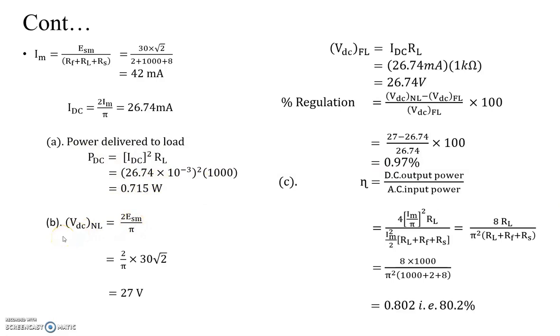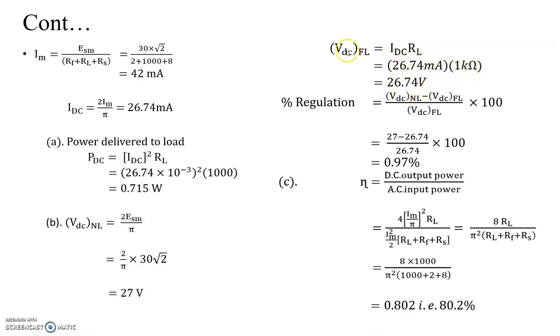Next, we will calculate part B. VDC no load is nothing but 2 ESM by pi. Substitute the ESM value and find out VDC no load, which is equal to 27 volt. Similarly, VDC full load is equal to IDC RL, so 26.74 milliampere into 1 kilo ohm.